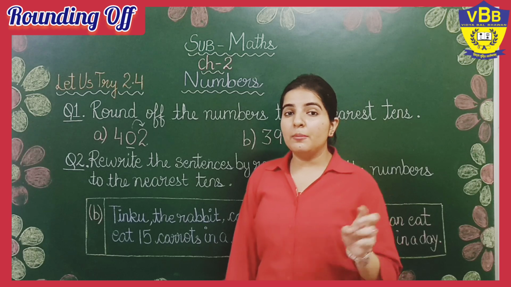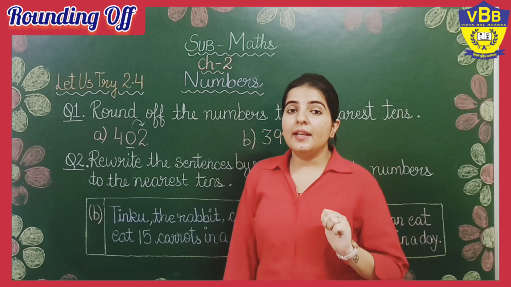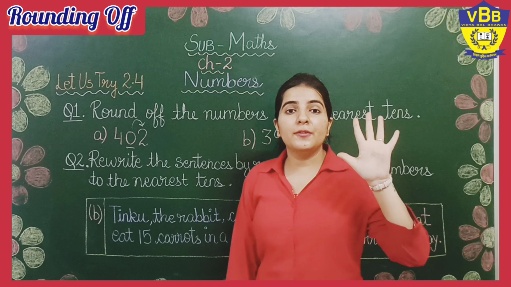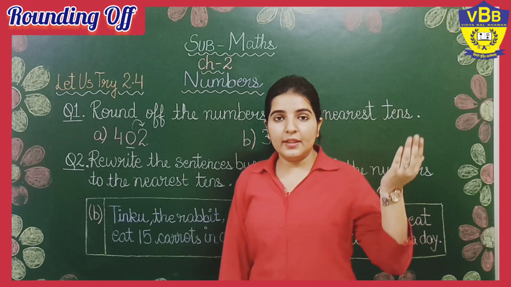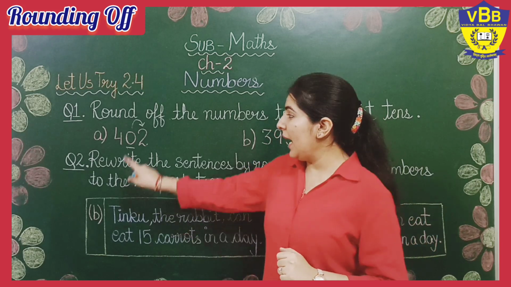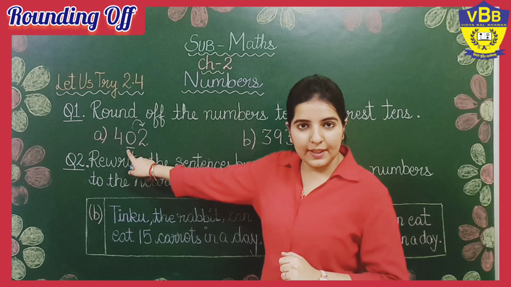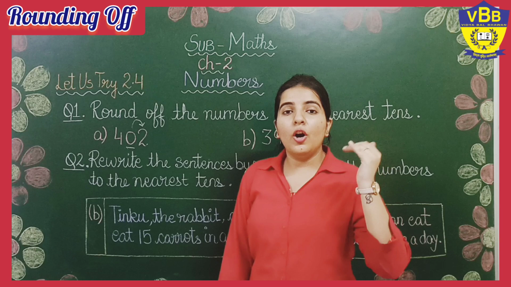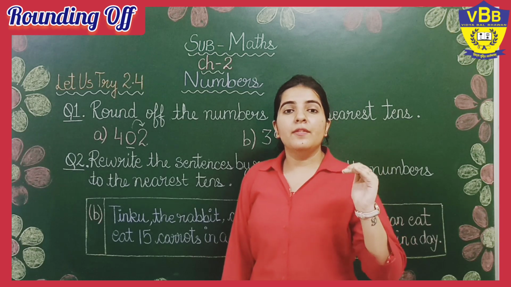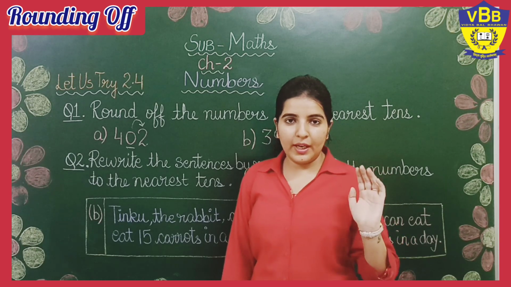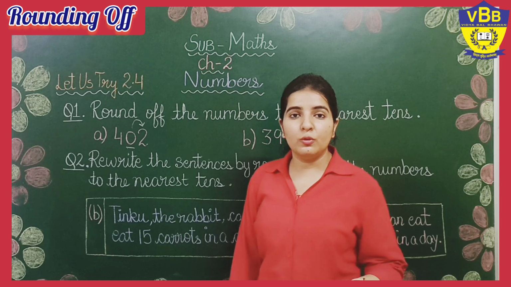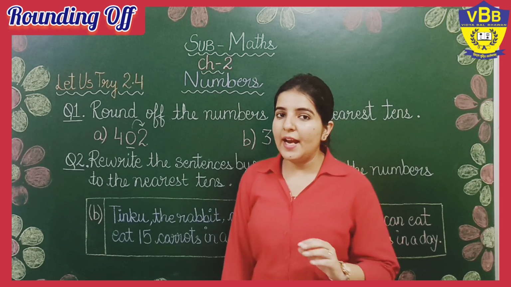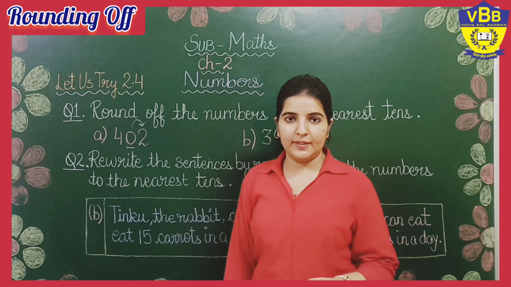Now the third step: if the number is 5 or greater than 5, we will add 1 on the tens place, and if the number is 4 or less than 4, we will let it go, right? That means we will not do anything. We will not add 1 to the tens place.